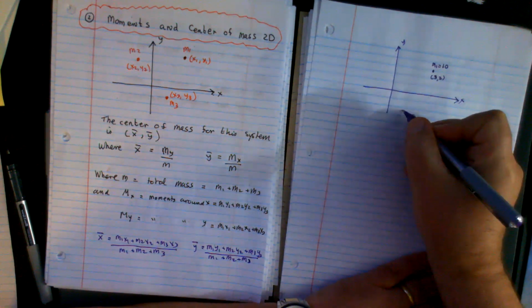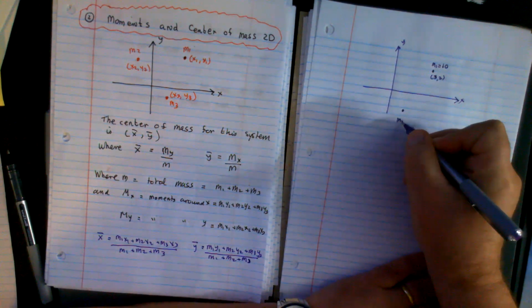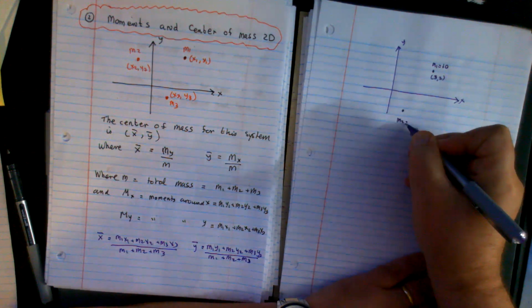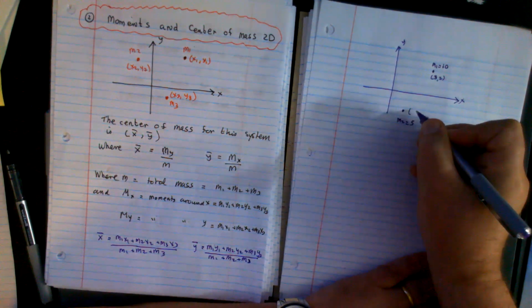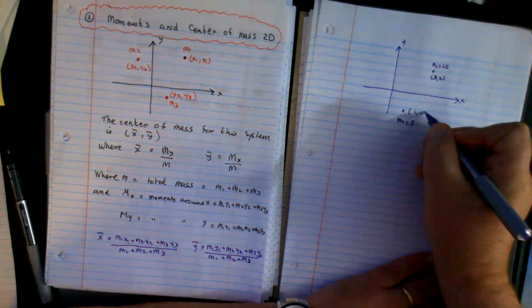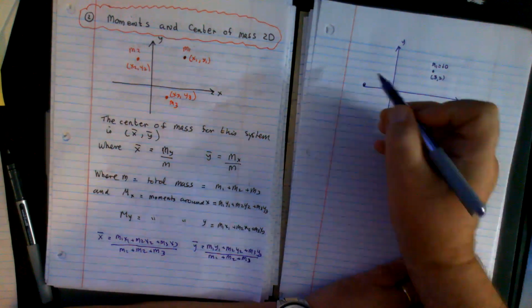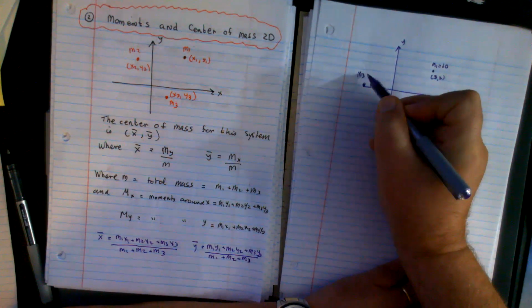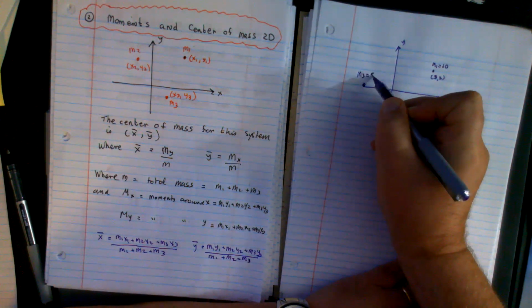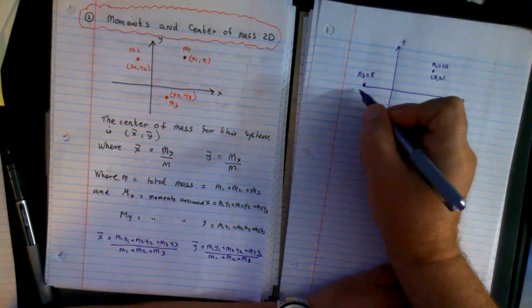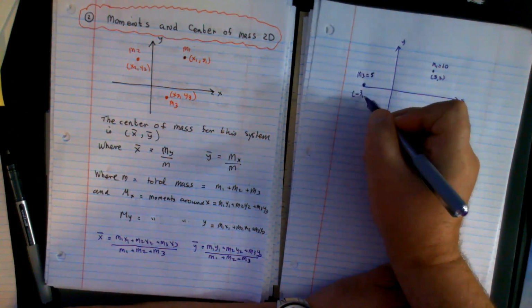I have another one down here, I'll call it m2. Its mass is 5, its coordinates are 1, -2, and we have a point here, which I'll call m3, and its mass is 5, and its coordinates are -3, 0.